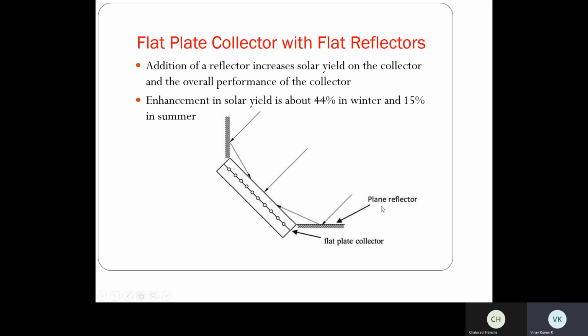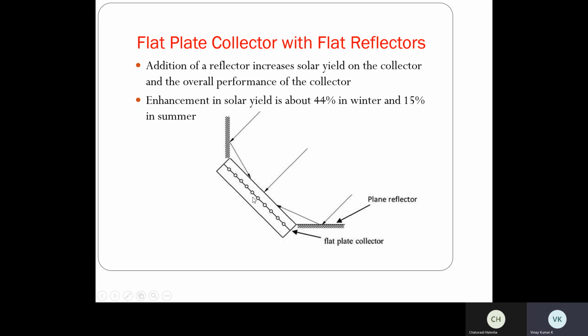These are the plane reflectors. This is the flat plate collector. Whatever solar radiation falls here is directly absorbed at single points. These plane reflectors are used to increase the efficiency of solar radiation falling onto the collectors.